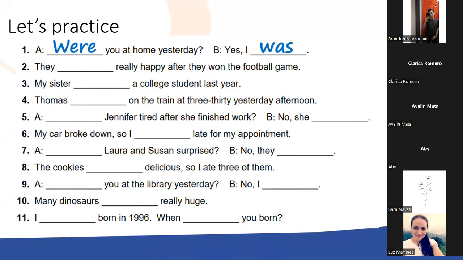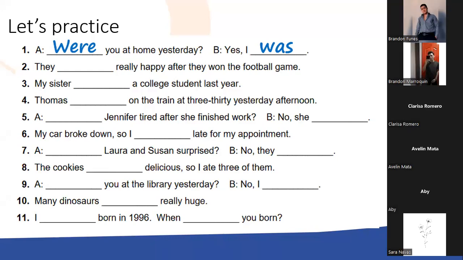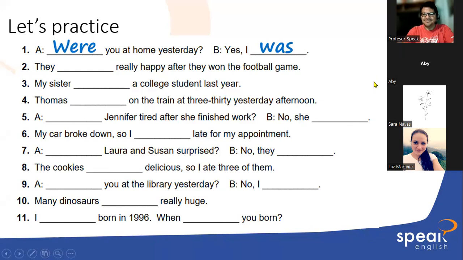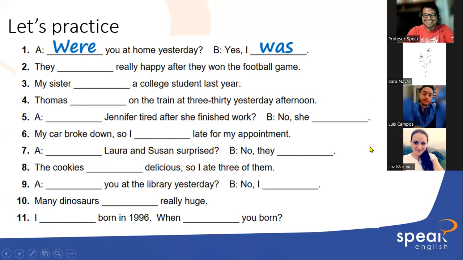And let's see, was that everybody? Except for Brandon Funes. I don't think Brandon said it. You're also missing, teacher. That's true. I was born in 1980. Okay. Yes. Okay. Any questions?